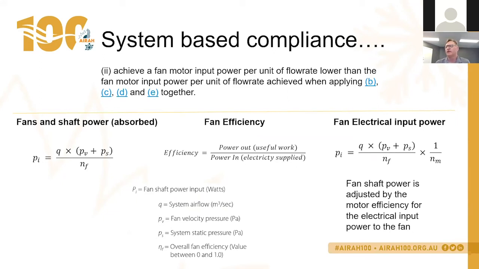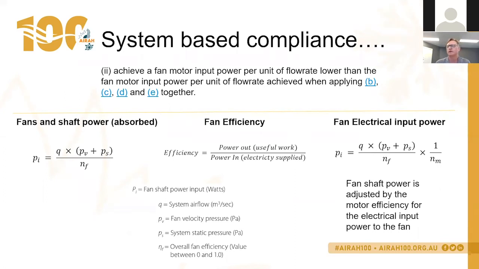It will go through and look at the fan and shaft power absorb efficiency requirements, to achieve a fan motor input power per unit of flow rate lower than the fan motor input power per unit of flow rate achieved when applying the component-based approach.